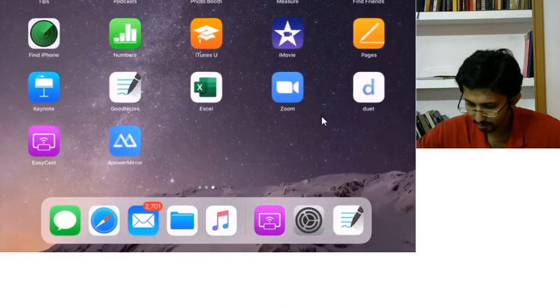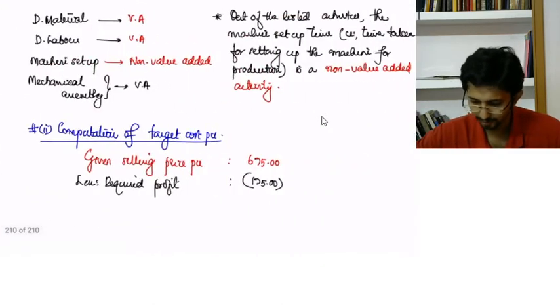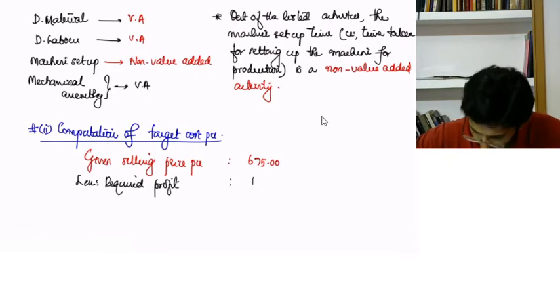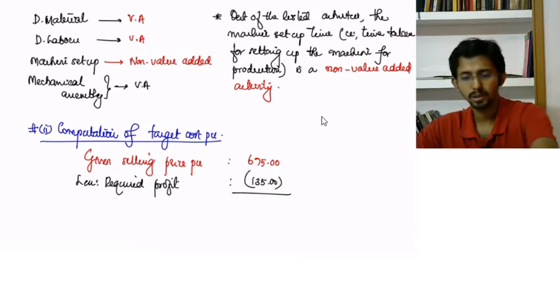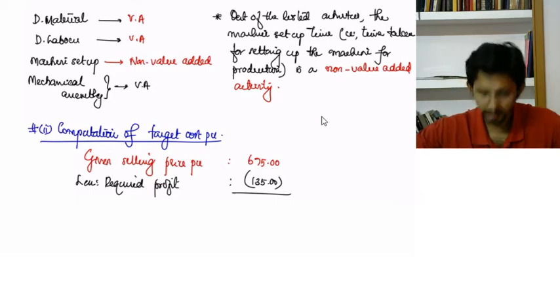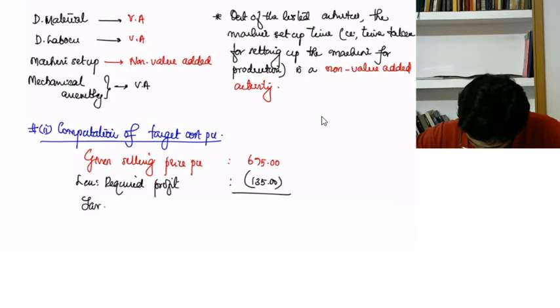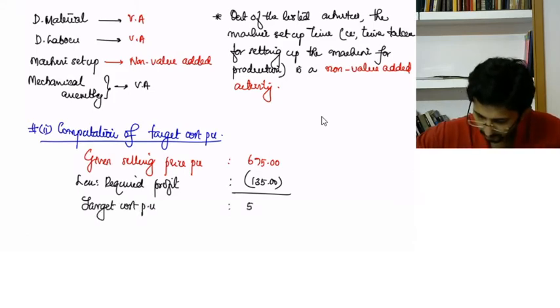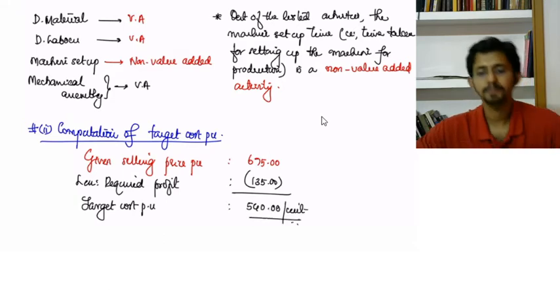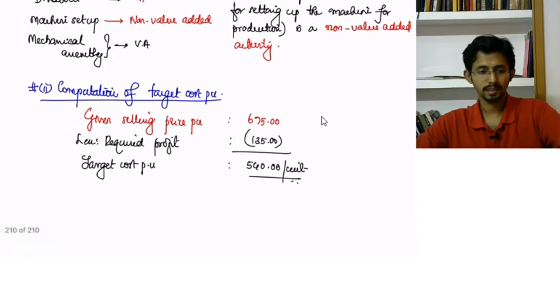Am I right? It's 135, not 175, 135. So that means the target cost, or the cost at which the product should be produced, will be 540 per unit.